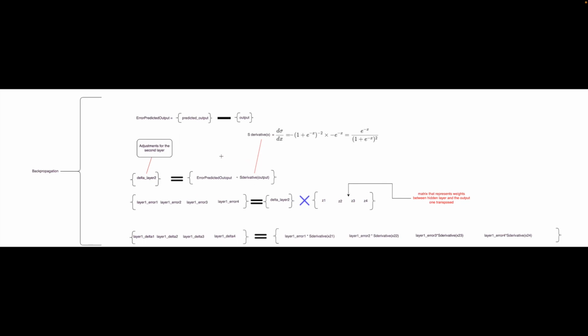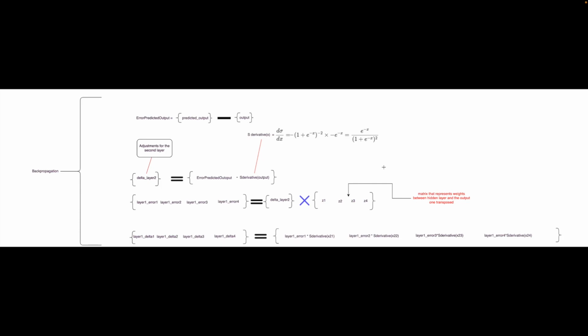When we find the adjustment for the layer 2, we have to go back and find the adjustment for the first layer. So we start calculating the layer 1 error, and we will do it by multiplying the delta obtained for the hidden layer with the weights between hidden layer and the output layer. Keep in mind that we use the transposition of some matrices, so the computation can be possible.